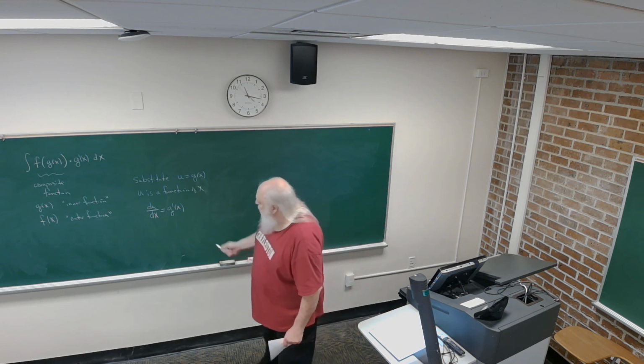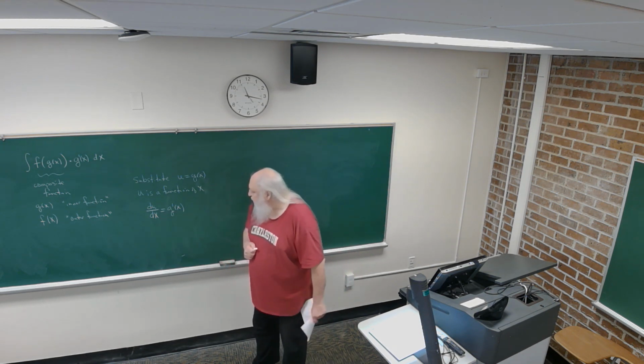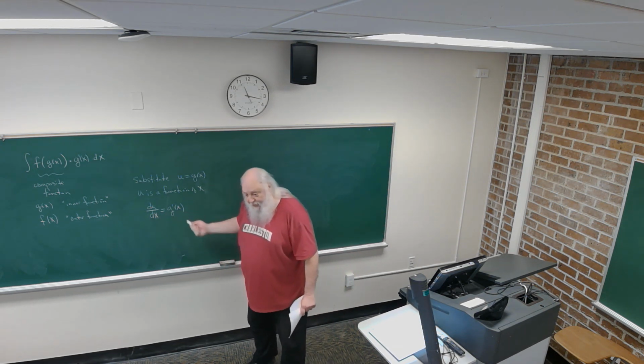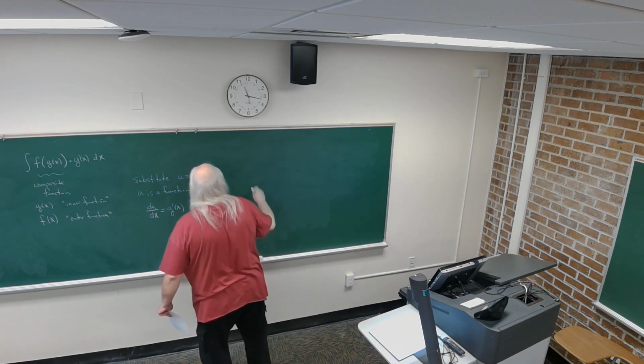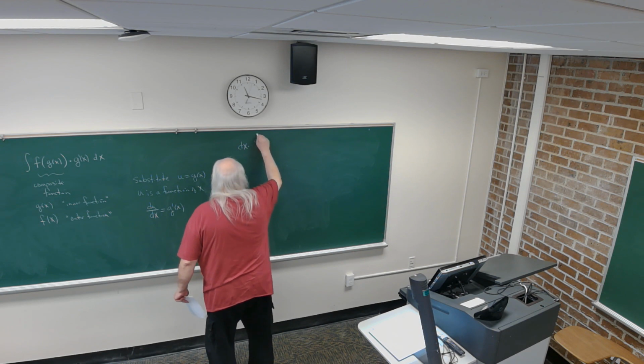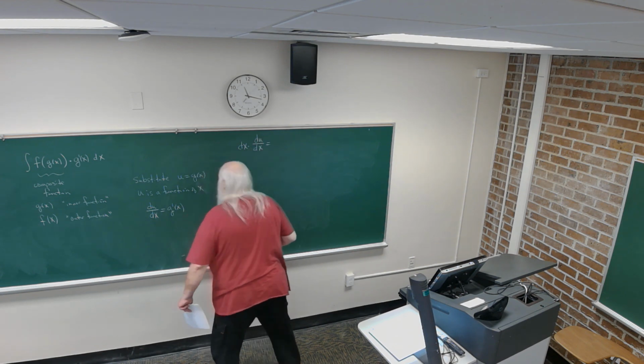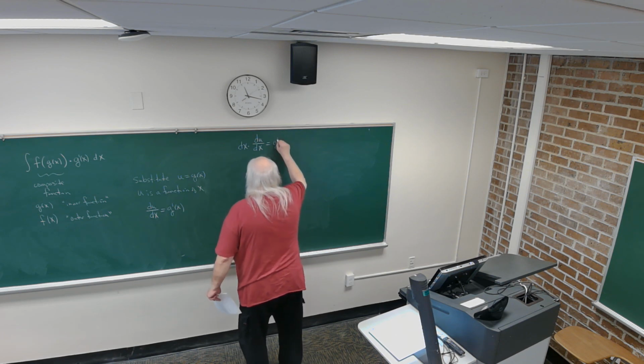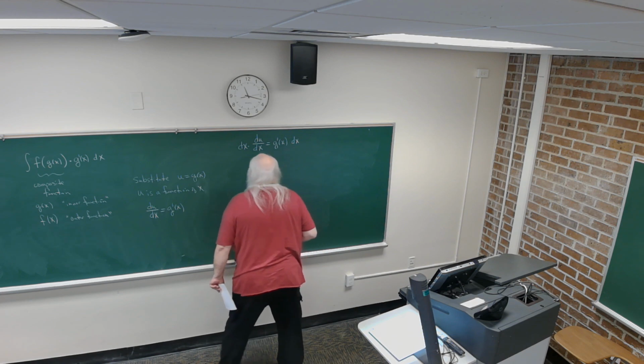So if I multiply both sides of this equality by dx, I have dx times the derivative of u with respect to x is equal to g prime of x dx.